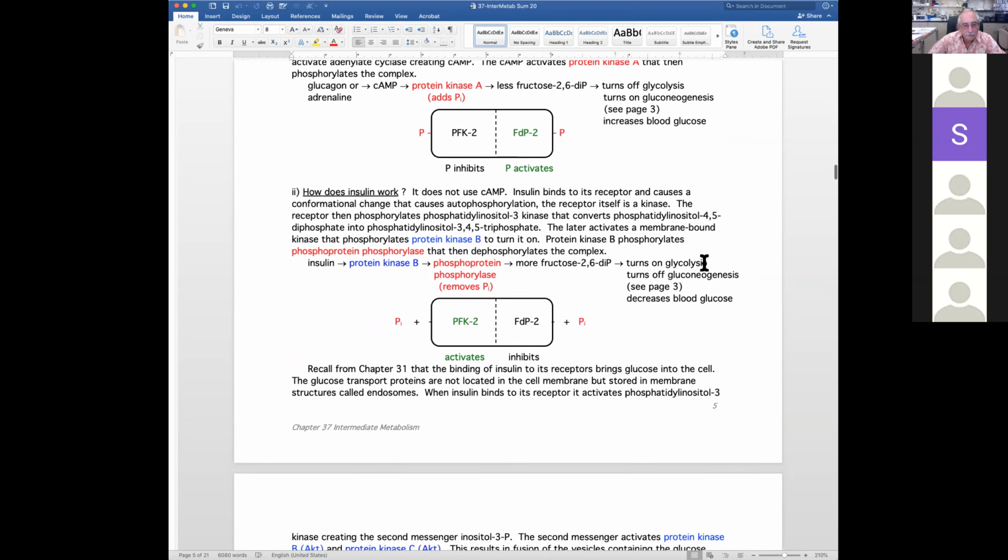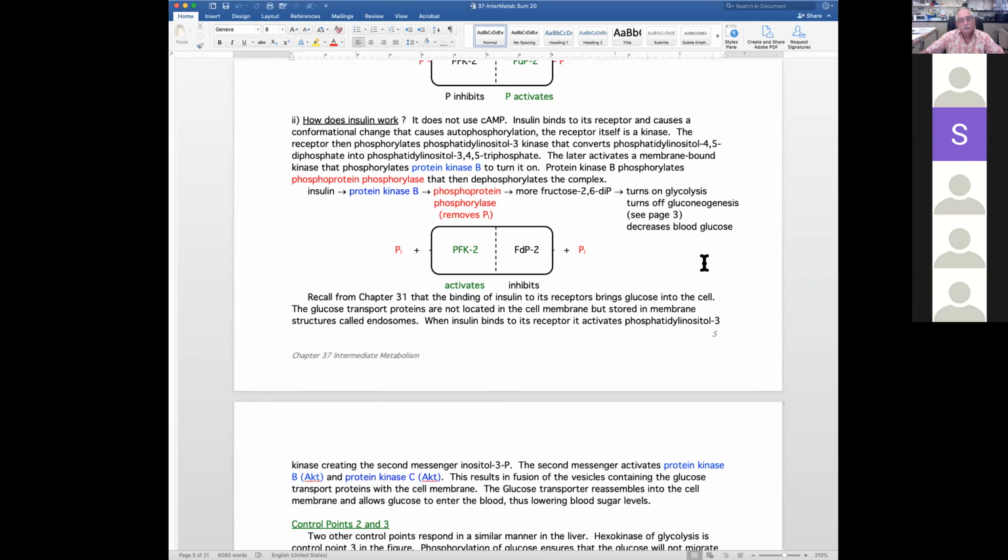What about insulin? Insulin binds to its receptors. That receptor itself is a kinase, so it turns on protein kinase B. And so what that does is it turns on a phosphorylase. What does the phosphorylase do? Well, it goes around taking phosphate off of proteins.